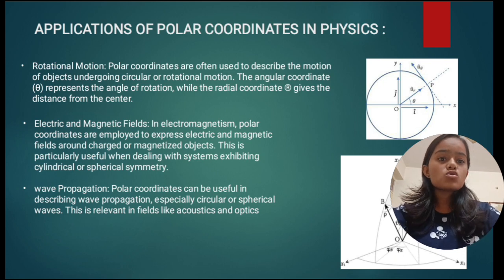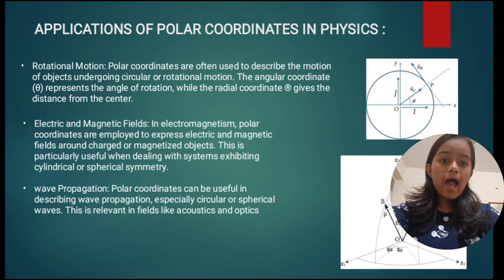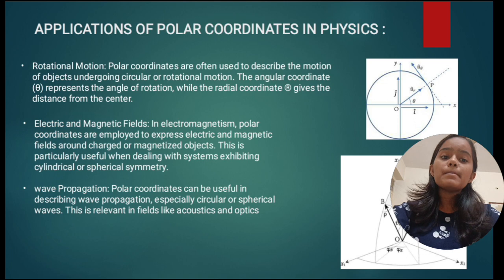Next, let us move on to the applications of polar coordinates in physics. First, rotational motion. In rotational motion, polar coordinates are often used to describe the motion of objects undergoing circular or rotational motion. The angular coordinate represents the angle of rotation, while the radial coordinate gives the distance from the center. Figure 1 is an example of rotational motion in polar coordinates. Electric and magnetic fields.